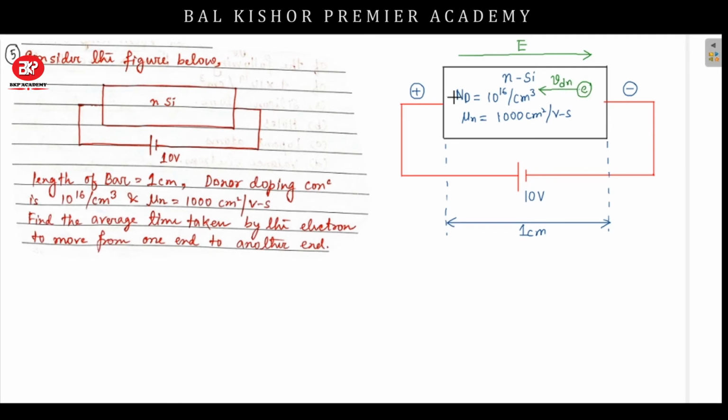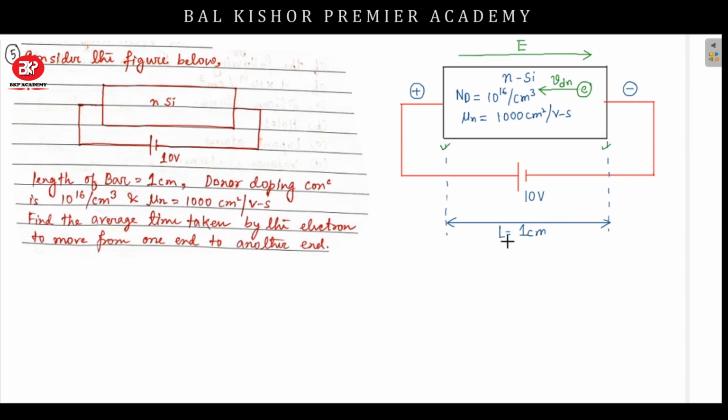वी हैव टू फाइंड द एवरेज टाइम टेकन to cross or move from one end, from this end to this end. What will be the time taken by the electron? So we know the time taken by the electron will be like this.